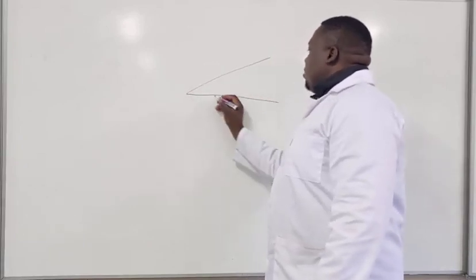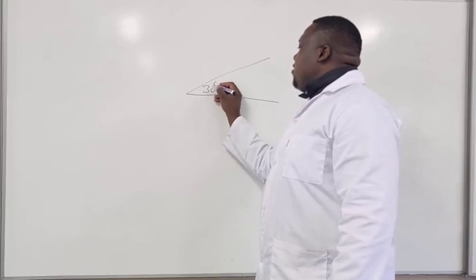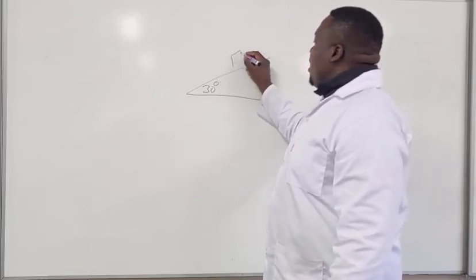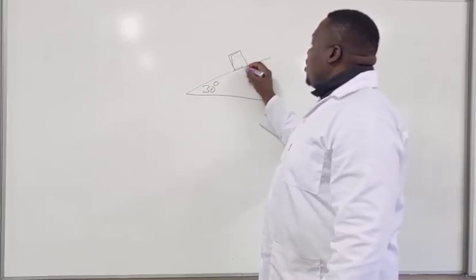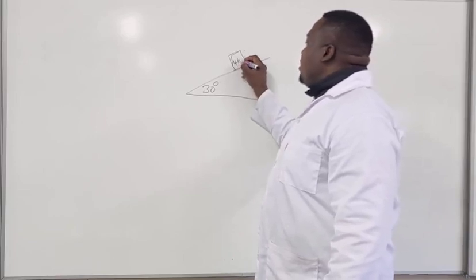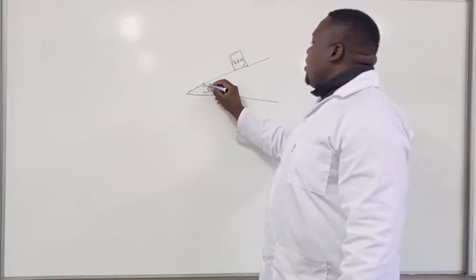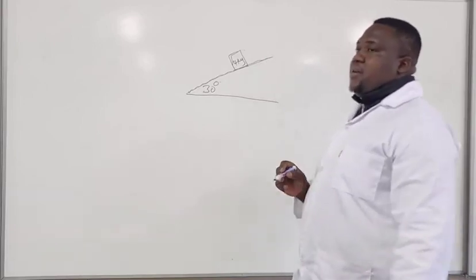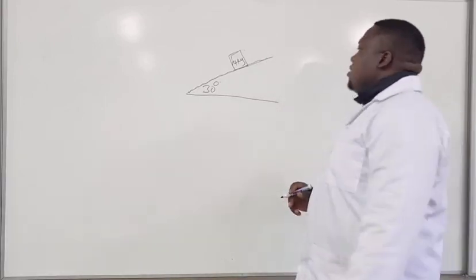Let's take here we have 30 degrees, then we have an object, a 4 kg on a rough surface.